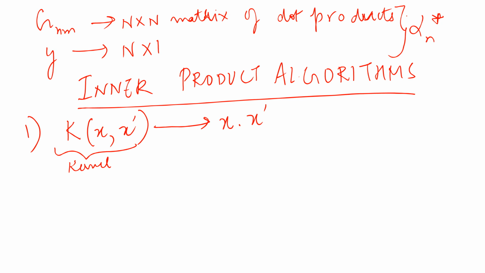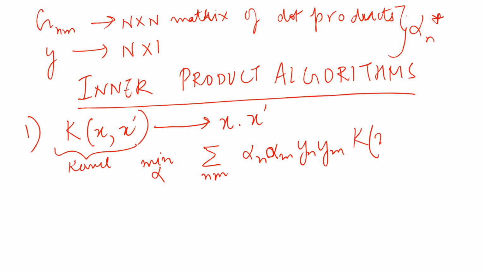So what happens to my optimization problem when I have this kernel? Well, my optimization problem would look something like this. I minimize over alpha the sum over n, m of alpha n alpha m yn ym, and then the dot product would be given by my kernel, k of xn, xm, because this would just give me the outcome of the dot product.